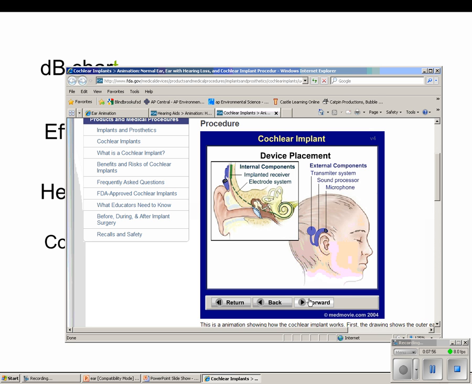So it works very differently than the hearing aid in the fact that it is implanted, and then the receiver and the electrode system is going to bypass the outer ear and go right into the inner ear to help somebody get sounds.